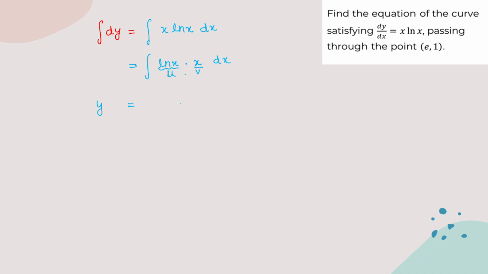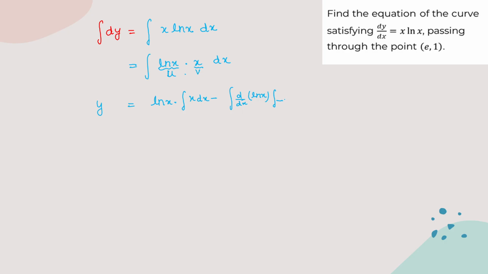The left side will be simply y only, and the right side, when you do the integration, will be first as it is into integration of second, minus the derivative of first, ln x, into the integration of v dx.